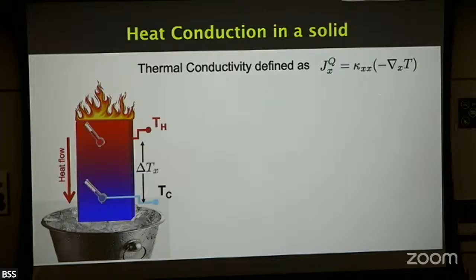Okay, so how this is measured: I put one thermometer here, close to the heater, hot, and one at the bottom here, cold, and then I measure delta T. And then Brandon's Boltzmann transport theory, I put it in a very cartoony way so that I can explain this to undergrads as well.